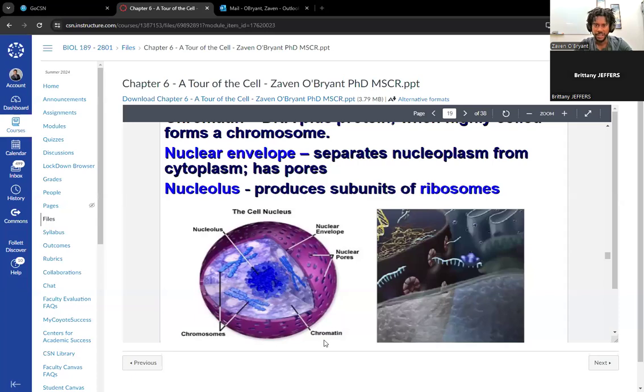So this is slide 19 that's referring to your question. And down at the bottom is the chromatin that's located inside of the nucleus.